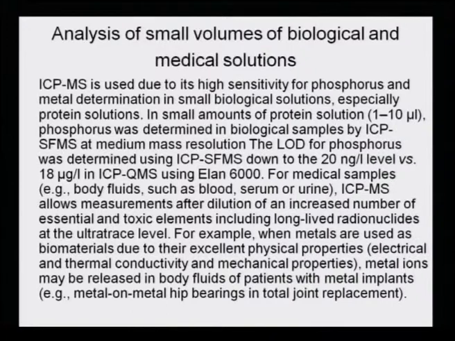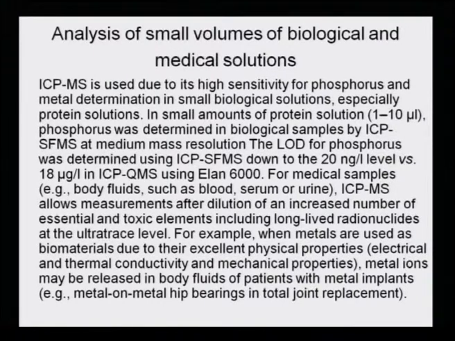ICP-MS allows measurements after dilution of an increased number of essential and toxic elements, including long-lived radionuclides at the ultra trace levels. For example, when metals are used as biomaterials due to their excellent physical properties, electrical and thermal conductivity and mechanical properties are taken into consideration.